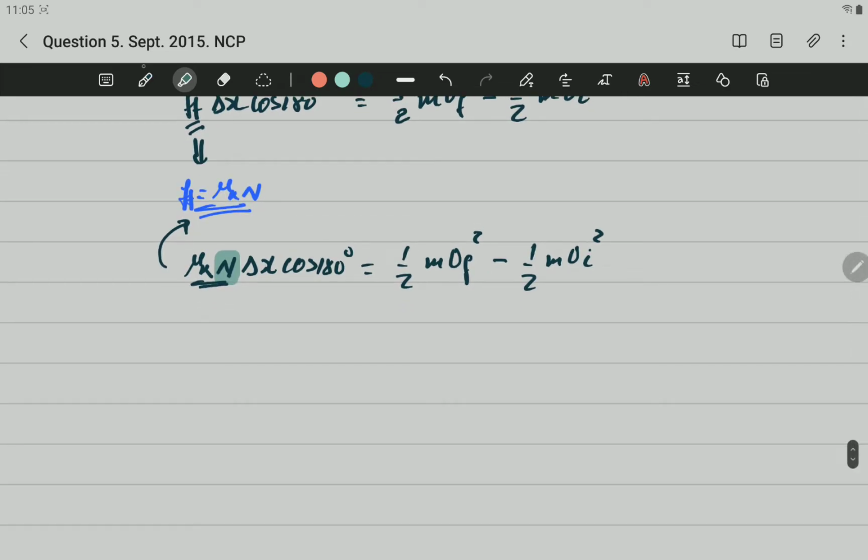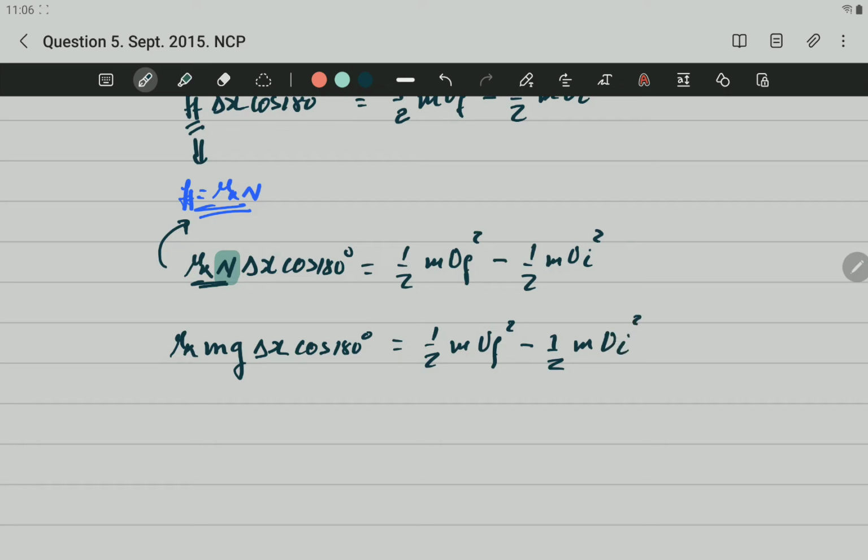So you can say here that normal is equal to weight in this situation. It's not always going to be like that. So kinetic coefficient of friction multiplied by normal, but normal is going to be mass multiplied by acceleration due to gravity, multiplied by displacement multiplied by cosine of 180 degrees, is equal to half mass final speed squared minus half mass initial speed squared.